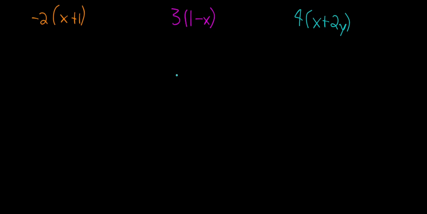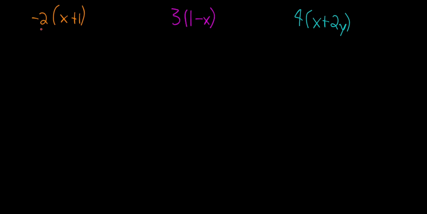Okay, so let's dive into each of these examples. Let's start with orange here. We have a negative 2, and we're multiplying that by x plus 1. These are unlike terms, so we can't just add them inside of the brackets. Therefore, we have to use our distributive property.